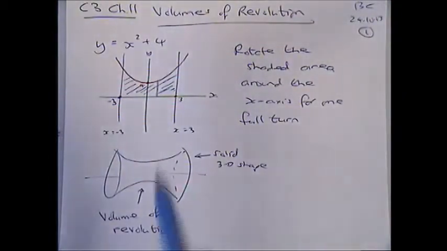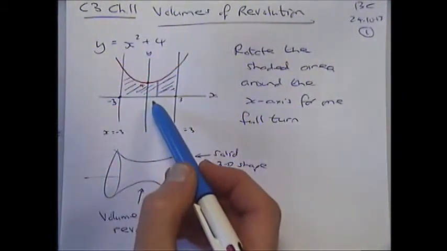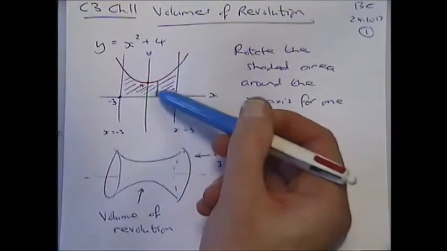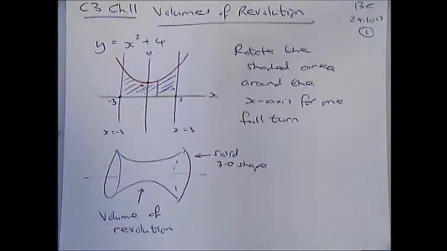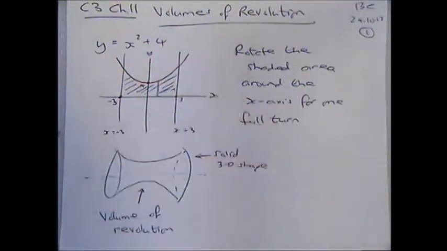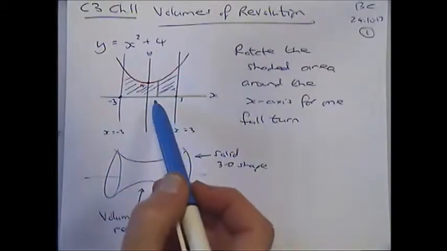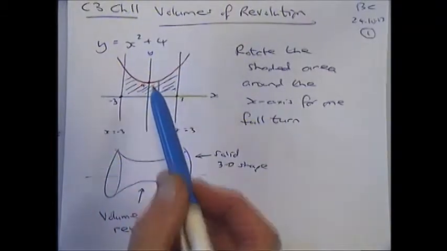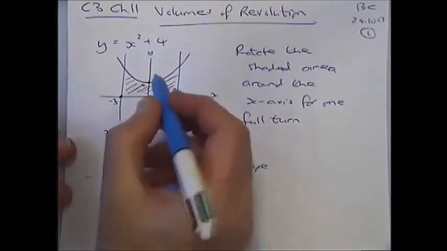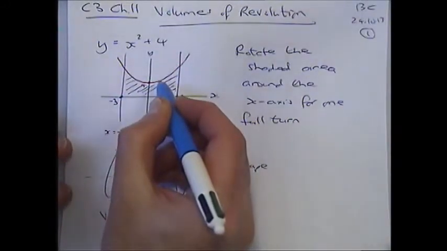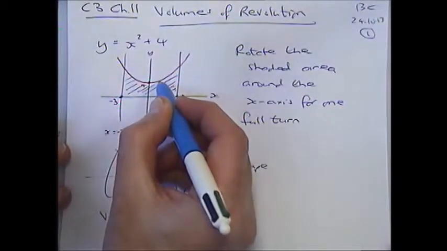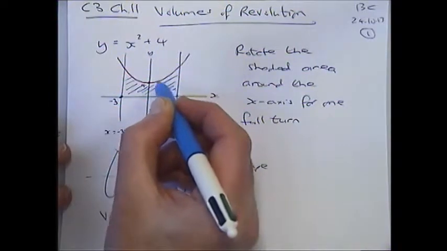So we're going to imagine one of these strips, and rotate it around the x-axis. If you imagine that little strip there, it's so narrow that the top of it is effectively flat because it's not over a wide bit of the curve.